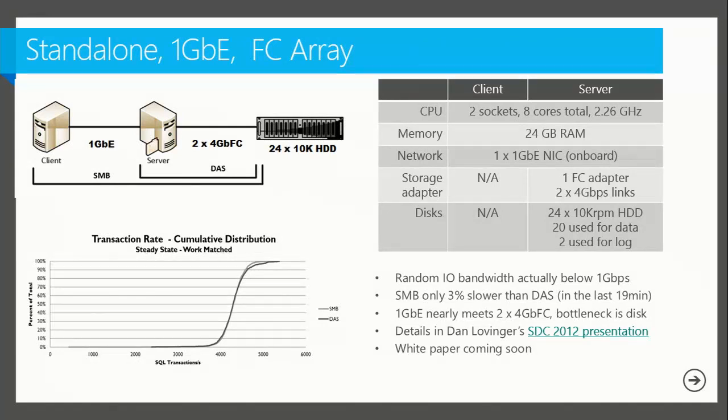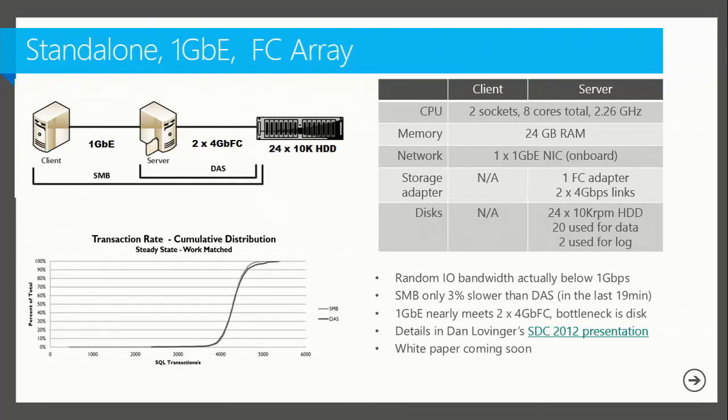So a few things. For instance, you get this configuration here, simple 1 gig NIC connectivity, comparing 2 gig fiber channel connectivity with direct attached storage versus Hyper-V over, in this case, it was just SQL over SMB in that configuration. We got pretty much the same throughput.